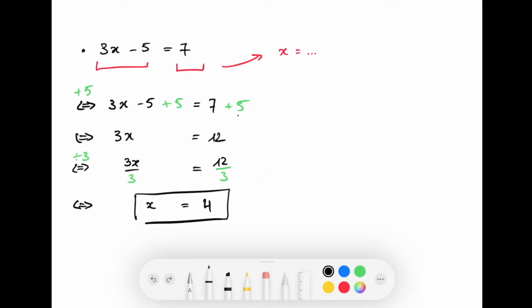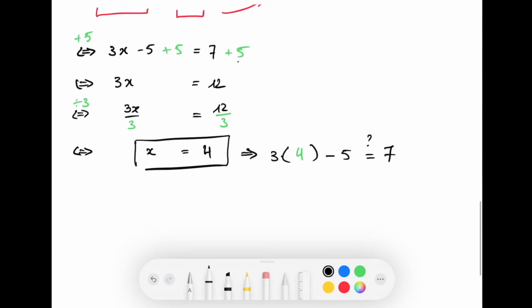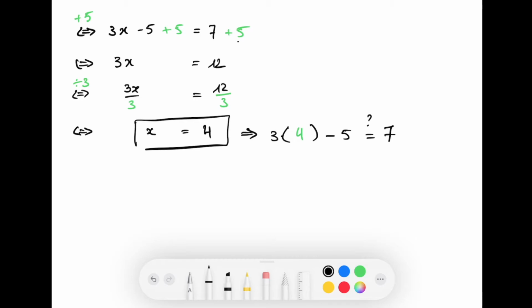Okay, so let's do this. 3 times x, which is equal to 4, minus 5 should be equal, we don't know that yet, to 7. If we didn't make any mistakes, this should indeed be equal to 7.